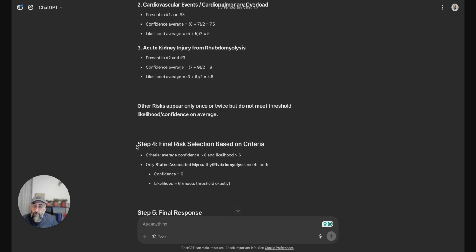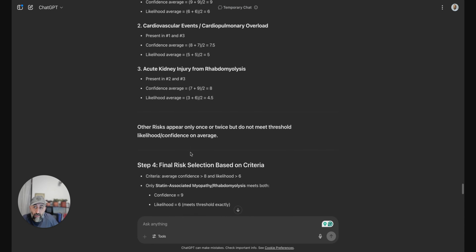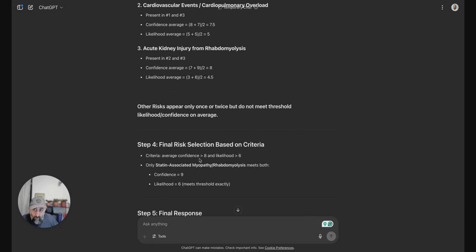And in step 4, it selects the final risks, which in this case, the only risk that has average confidence above 8 and likelihood above 6 and occurs in at least 2 attempts is the statin-associated myopathy. And the model reports this as the final result.